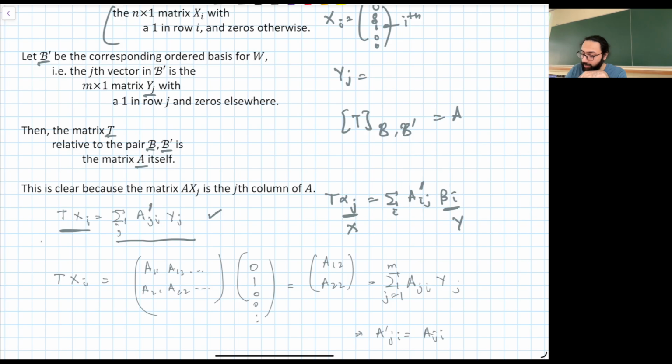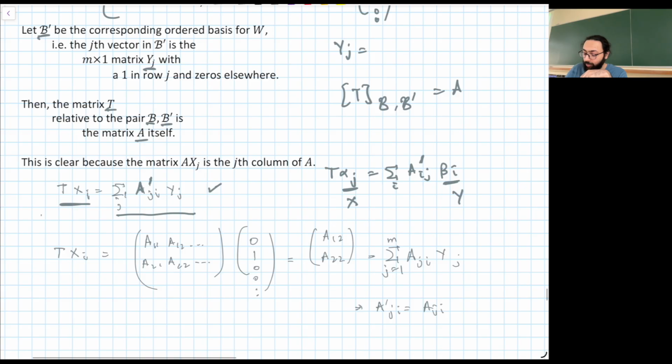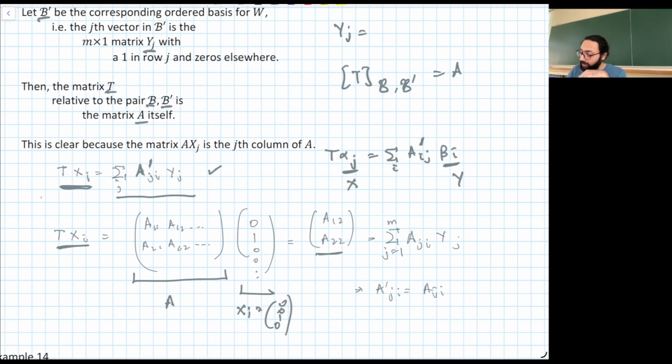So I put a prime here, because we don't know what A prime is. We want to find what A prime is. So now what we're going to do is we know the action of this object, T Xi. This was given to us. We were given a matrix A, and Xi is basically just the standard basis vector, so when you multiply this, what you get is the ith column, A sub i.